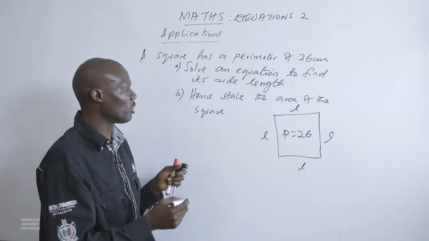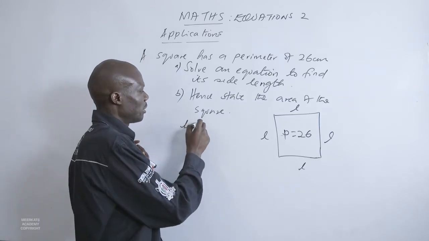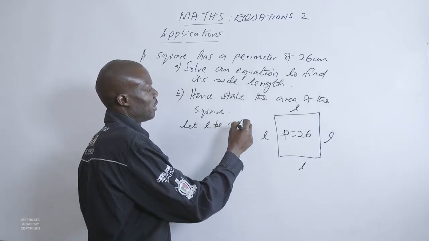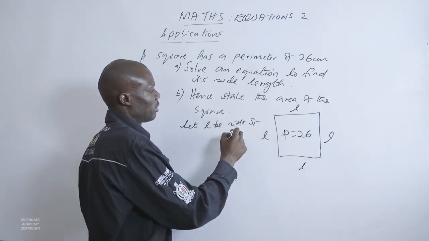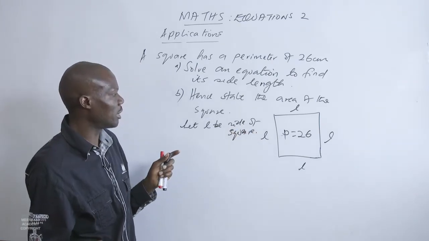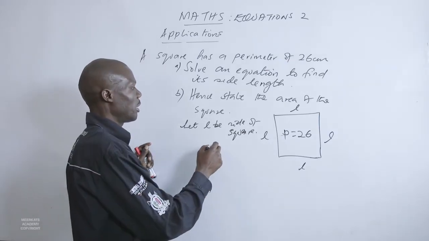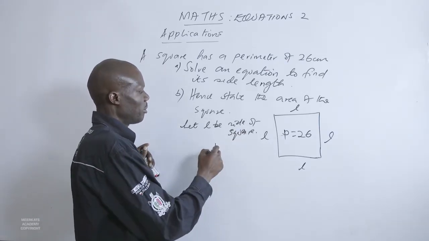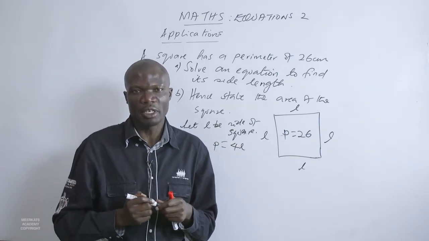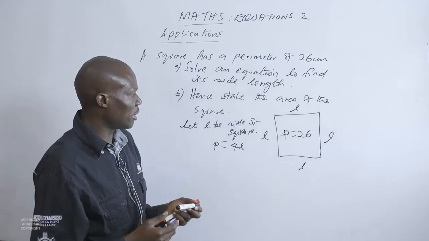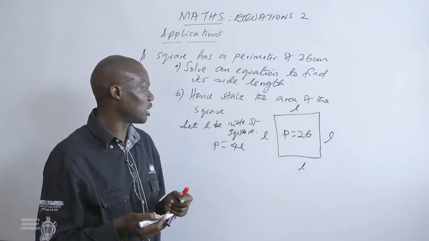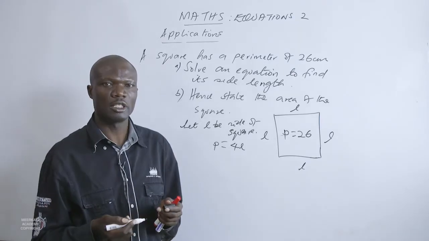So let L be the side of the square. If L is the length of the side of the square, then the perimeter P is equal to 4L. And 4L is equivalent to 26.